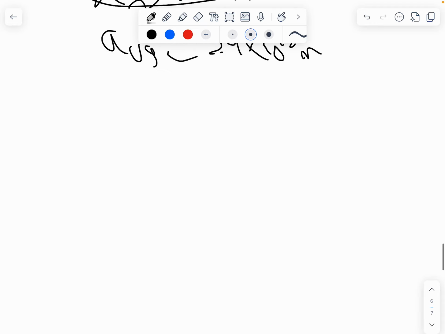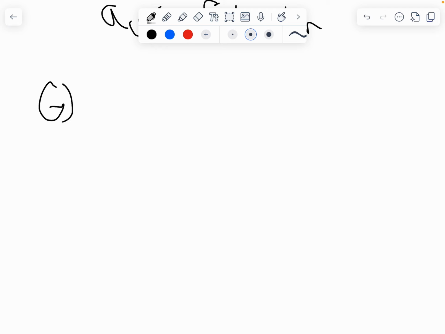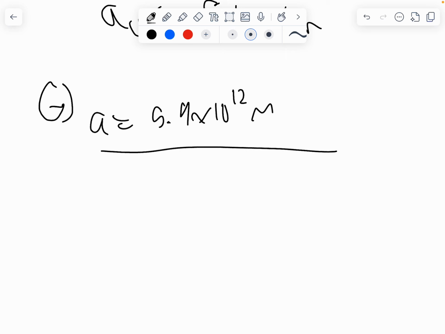Now we're on to part G. Part G is asking us to find the distance between the sun and the minor planet at perihelion. Okay, so we know 5.9 times 10 to the 12th power meters, and we also know e equals 0.25.